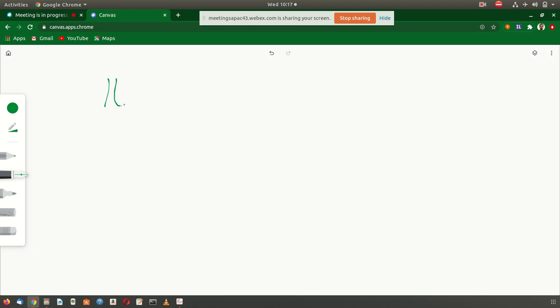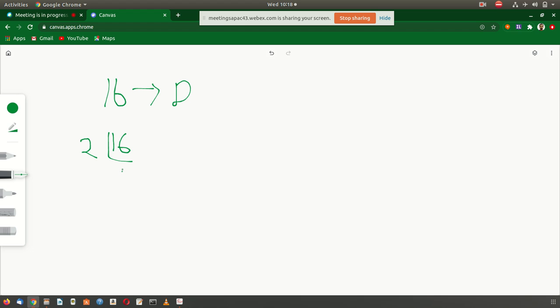So this is the decimal number. We have to find the binary equivalent, meaning what will be the binary number equivalent. So first 16 divided by 2.